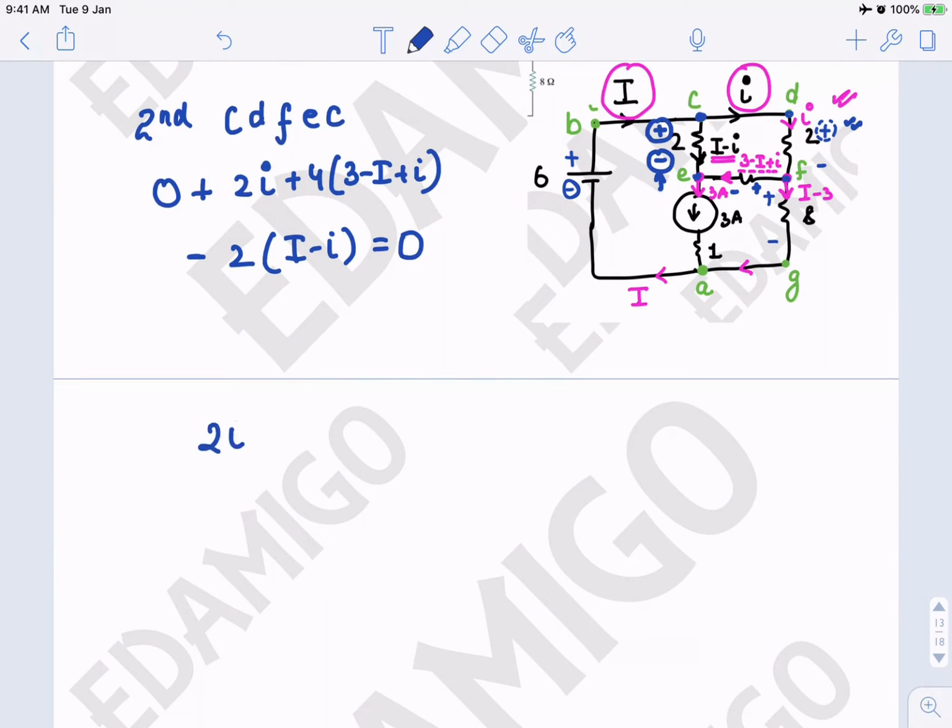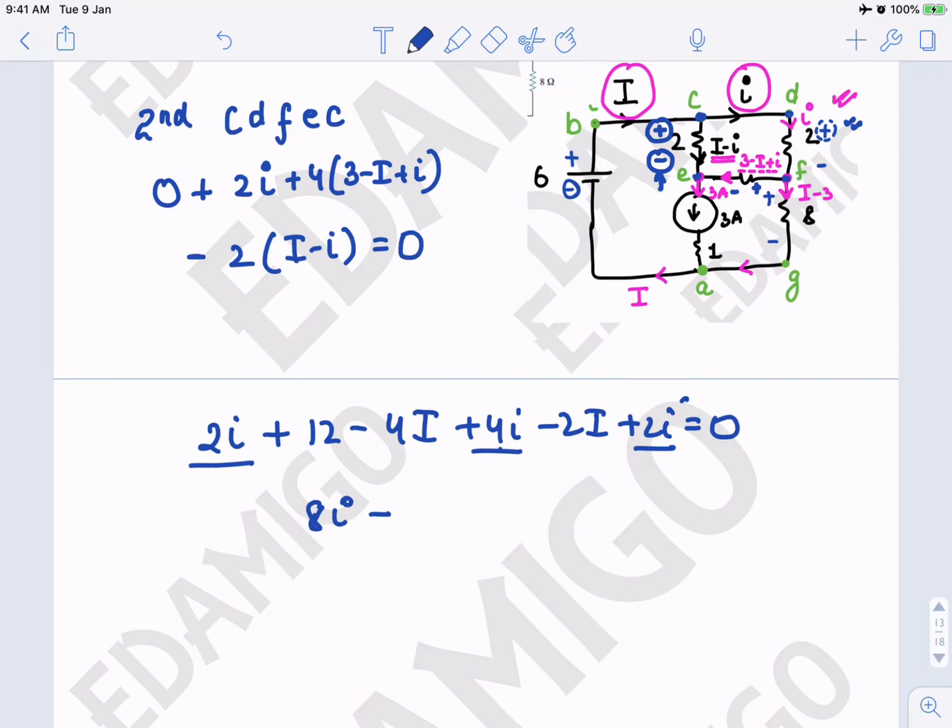We will get 2i plus 12 minus 4i plus 4i minus 2i plus 2i is equals to 0. So this will give me 8 small I minus 6 capital I is equals to minus 12, or 6 capital I minus 8 small I is equals to 12.